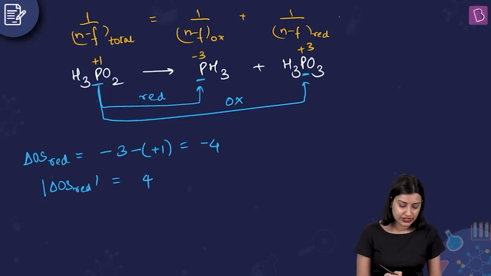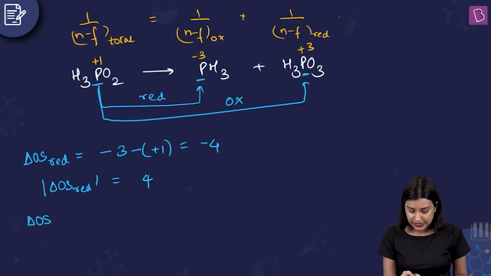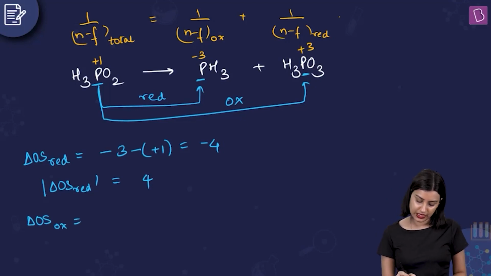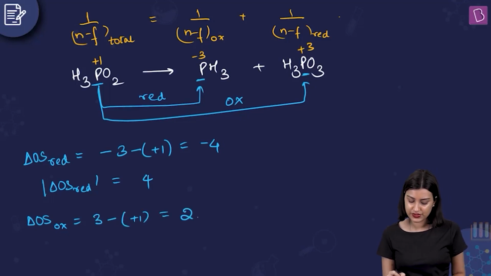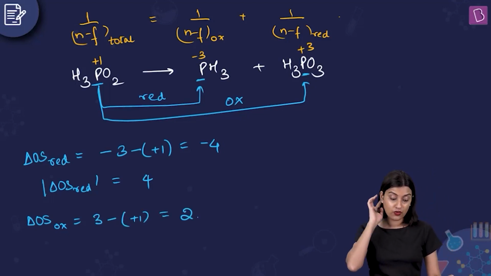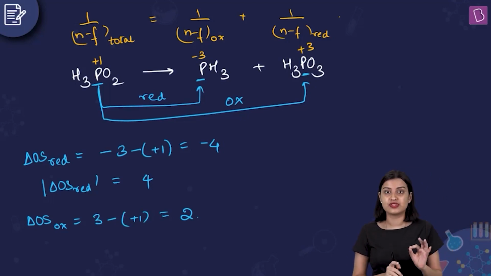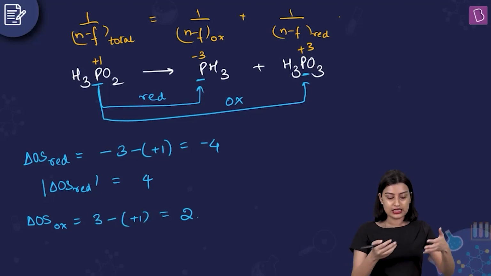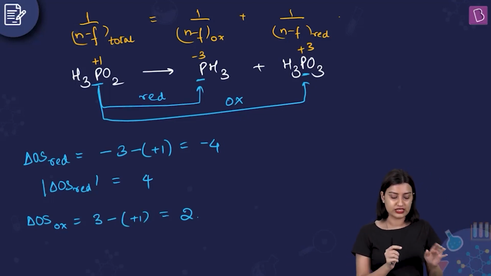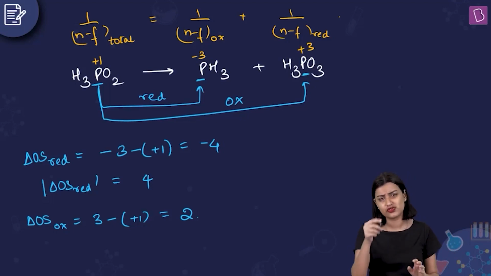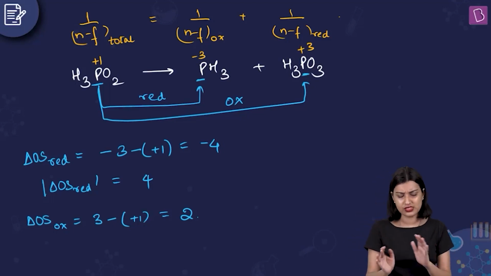Now, what about oxidation? The change in oxidation state for oxidation is 3 minus (+1), which is 2. Since you have only one phosphorus atom on the reactant side, this is as good as saying the change in oxidation state is your n factor, because you just multiply it with 1. So this is 4 and 2.